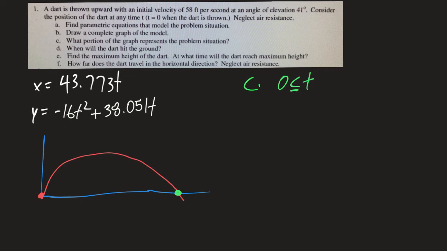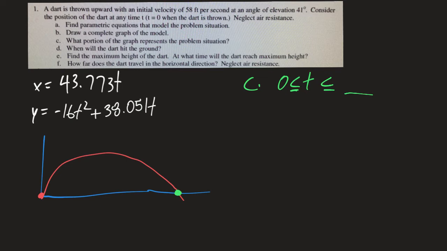You can't go to before you threw the dart and then start going underground. And on the other end, we actually have a final value for t as well, where we have hit the ground, and we're going to put that in that spot right there. Now, we haven't calculated this yet, but we can definitely figure this out. So let's see how we can do that.